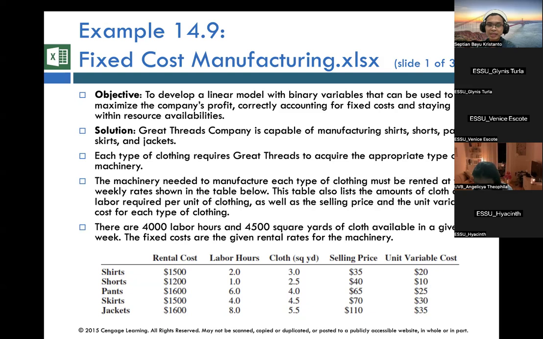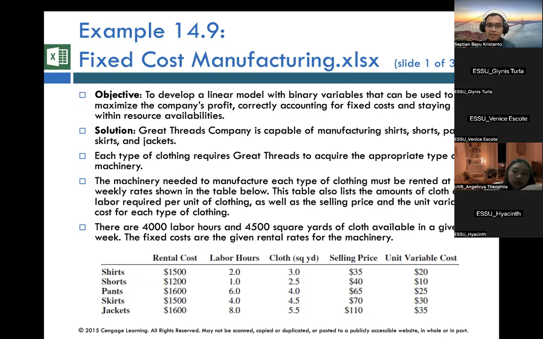So it could be different, not in linear positions. For example, for the shirts, if they have a unit variable cost of 20, they will be sold at $35. So they take a profit of $15 over the $20, which is 75% profit.